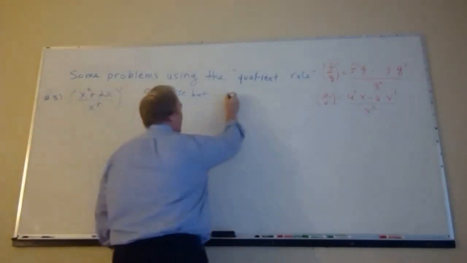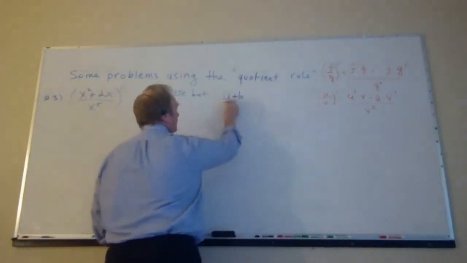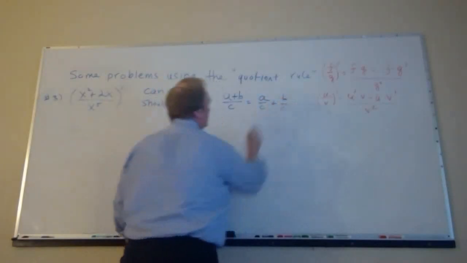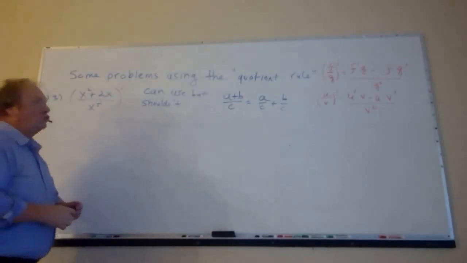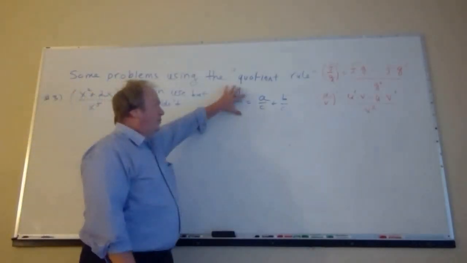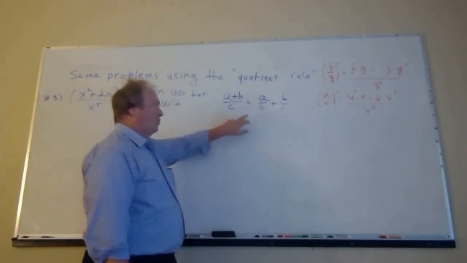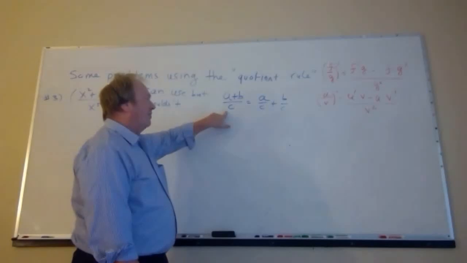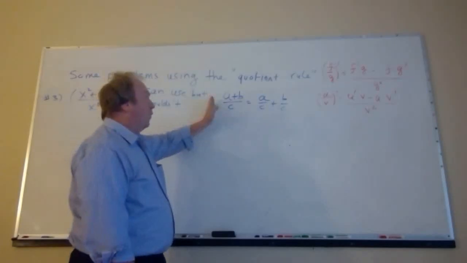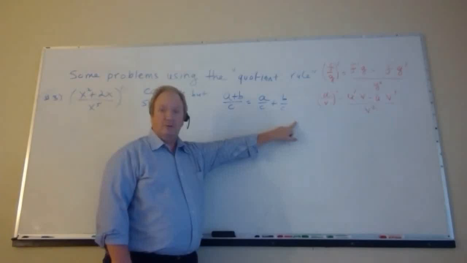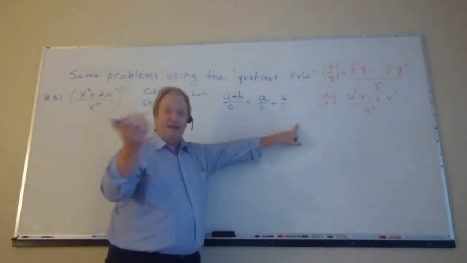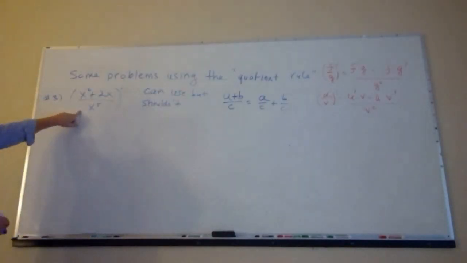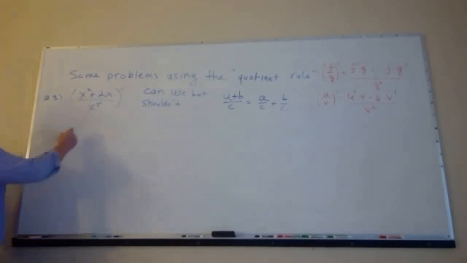So here's the point that I want you guys to see. Normally we use this identity in this direction, right? If we have two quantities over a common denominator, we can add the numerators. However, it works the other way too. It's an identity. And so what I'm going to do is first break up this fraction.